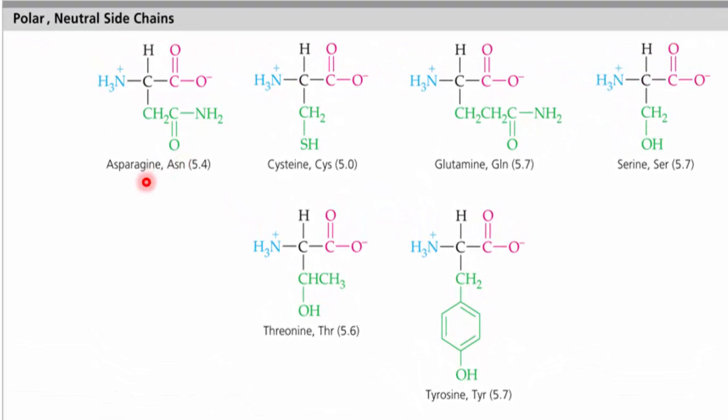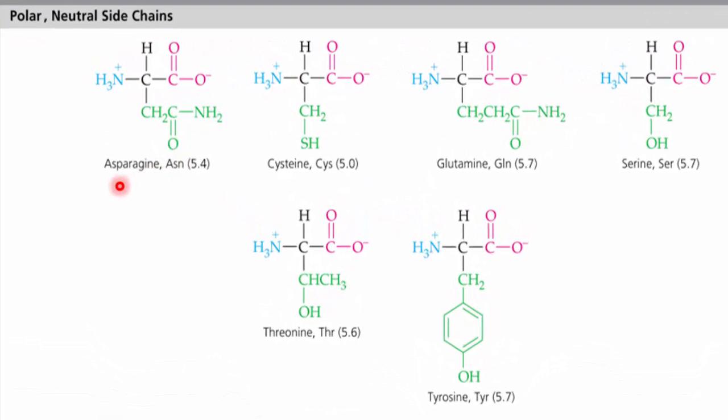Now the second class is called polar neutral side chain. Polar neutral side chains like asparagine. Here the R group is CH2 with this amide group. Cysteine, CH2 attached to a thiol group. This SH is called a thiol group. Glutamine is similar to asparagine but with an extra CH2 here.